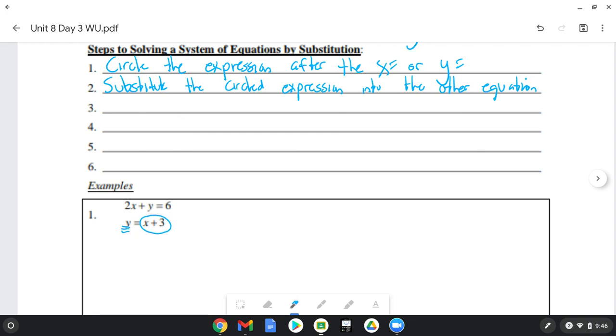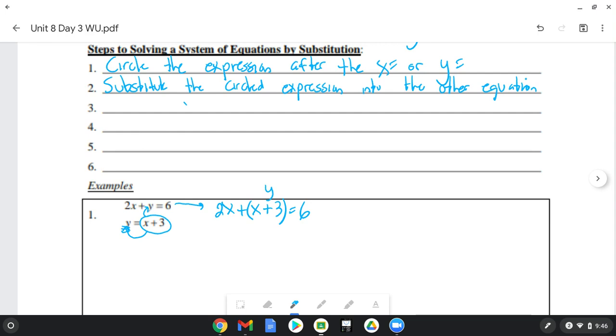Because it says y equals x plus 3, that means that we're going to substitute x plus 3 in for y up above. So we're just going to take this circle and plug it in right there for y. So we're going to rewrite this whole top equation. And instead of writing 2x plus y, we write 2x plus x plus 3 that we substituted equals 6. So all we do is replace the y that's normally there from the get-go with this x plus 3. And the reason why is because right here it said y is equal to x plus 3. So we're going to do some substitution.